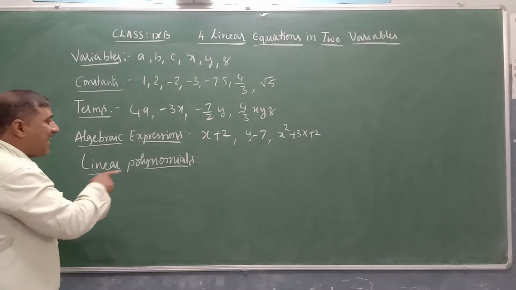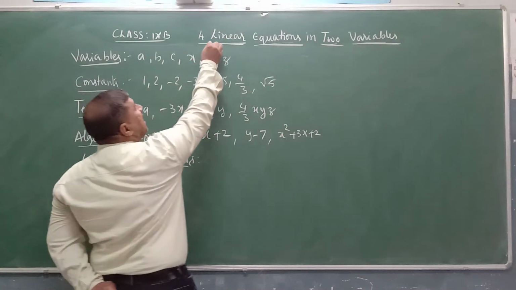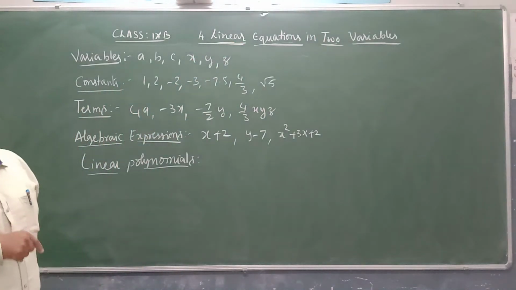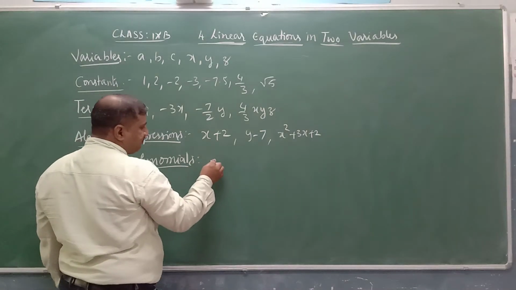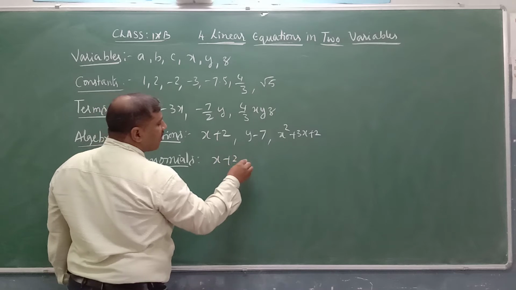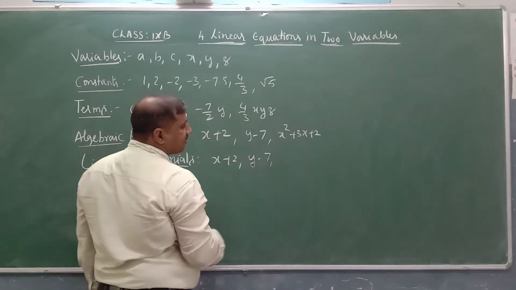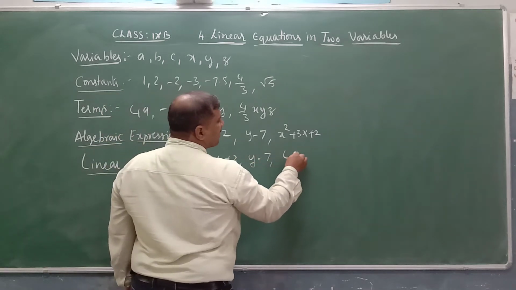Now see the word linear we got here. That is the reason we are going to study linear polynomials. Linear polynomials are x plus 2, y minus 7, then 4x plus 3.